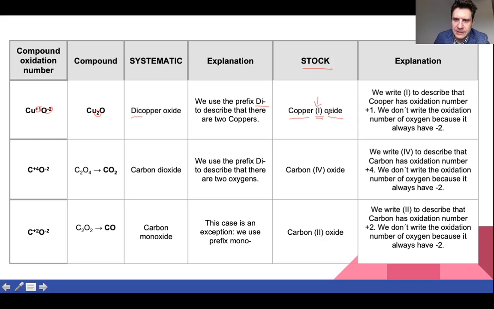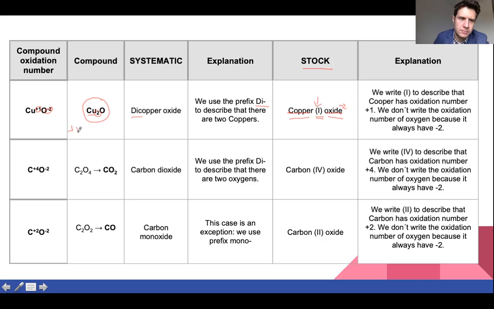So therefore, the scientist is going to know that if oxygen has -2 and copper has +1, my compound will look like this. Okay? Because this 2 means that we have to have two coppers.